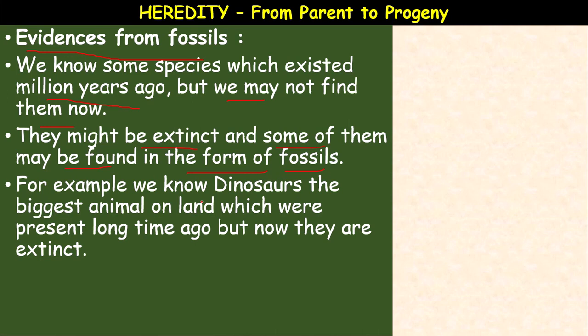During excavations, or at the time of mining, sometimes evidence in the form of fossils is obtained, okay. For example, we know the dinosaurs were the biggest animals on land long ago, but now they are extinct, isn't it?